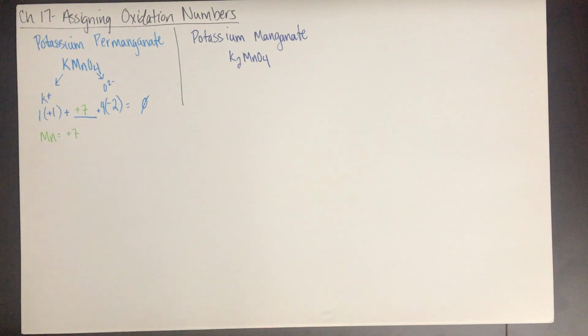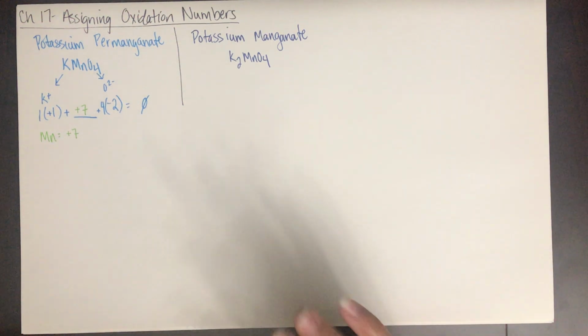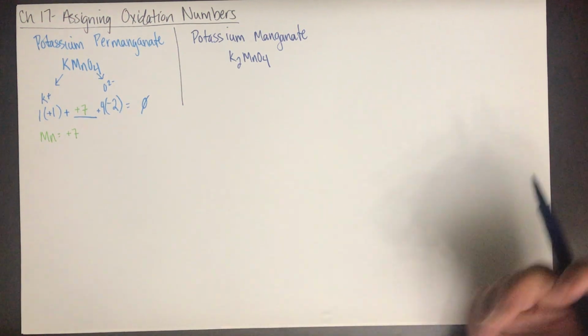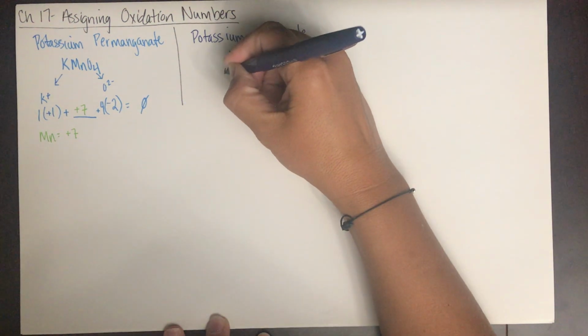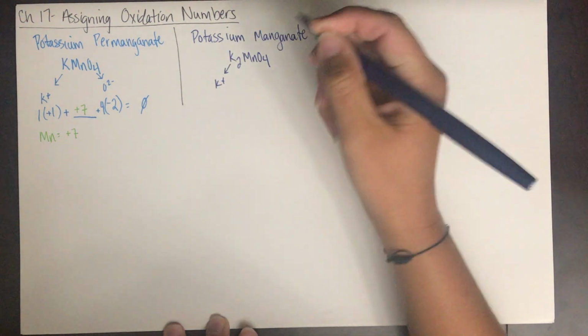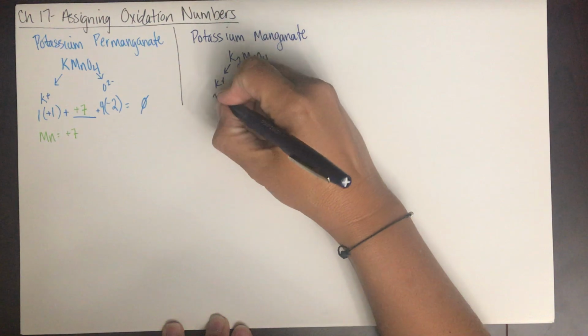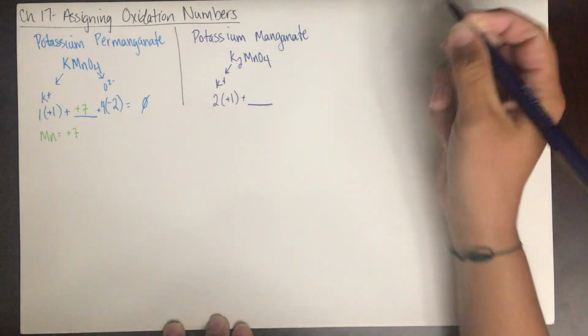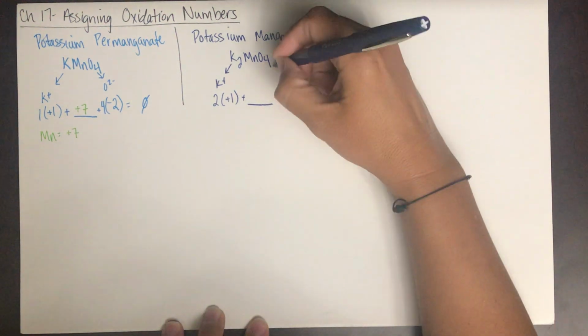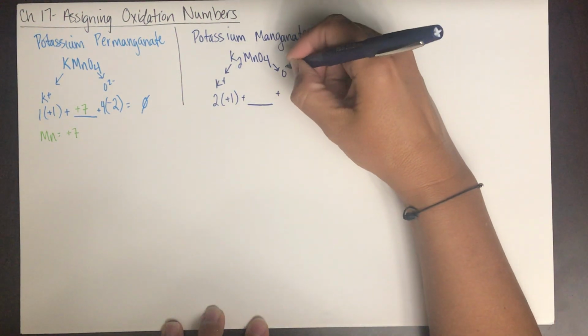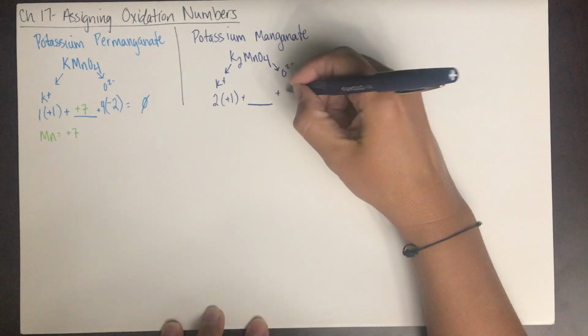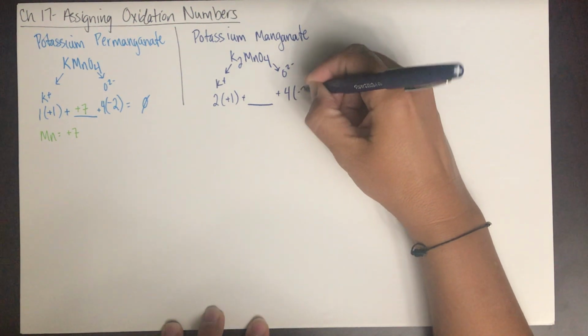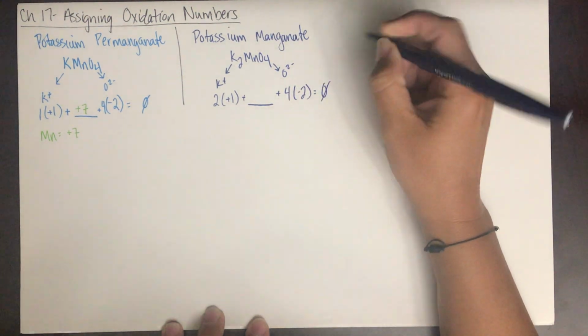So that means the oxidation number of manganese in potassium permanganate is +7. Let's see what the oxidation number of manganese is in potassium manganate. So again, potassium is +1, but now I have 2 of them. So 2 times +1 plus whatever manganese is, plus, and I still know oxygen is -2, I still have 4 of them, 4 times -2, now this equals 0.